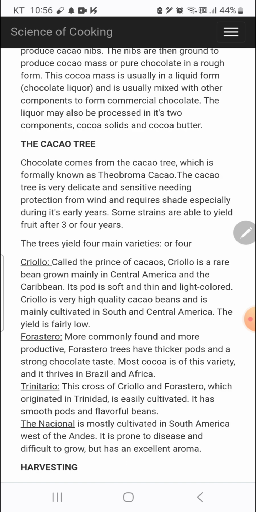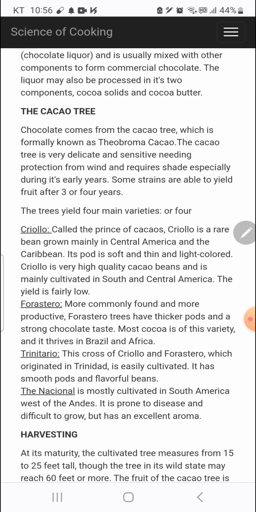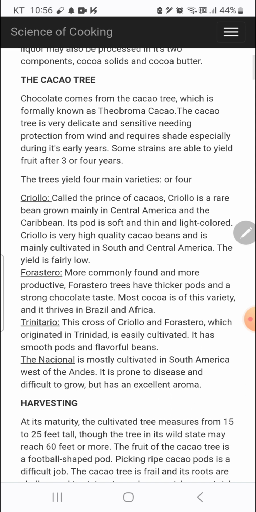The cacao tree. Chocolate comes from the cacao tree, which is formally known as Theobroma cacao. The cacao tree is very delicate and sensitive, needing protection from wind, and requires shade, especially during its early years.